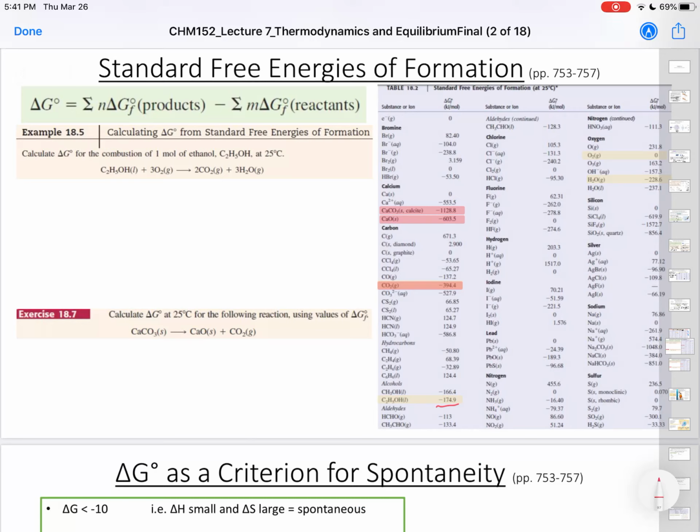We're going to find, let's color coordinate it. The ethanol is minus 174.9. And I do advise that you write it underneath when you're doing the homework. It really does help. Oxygen is 0.